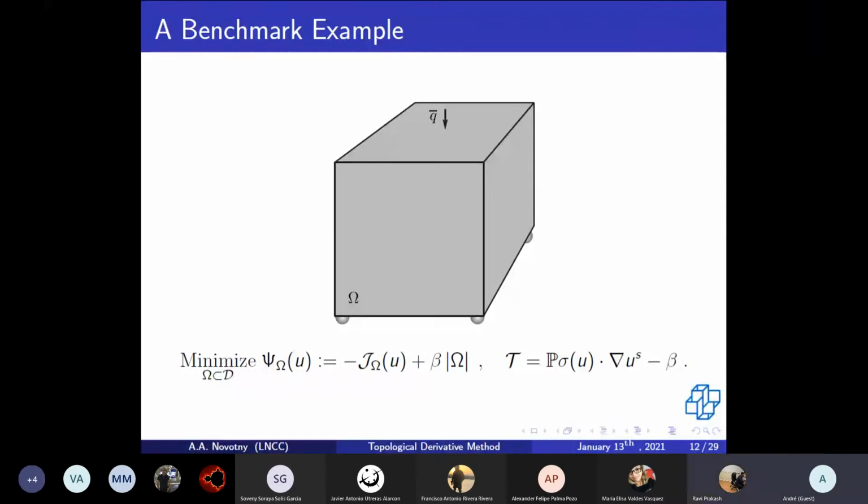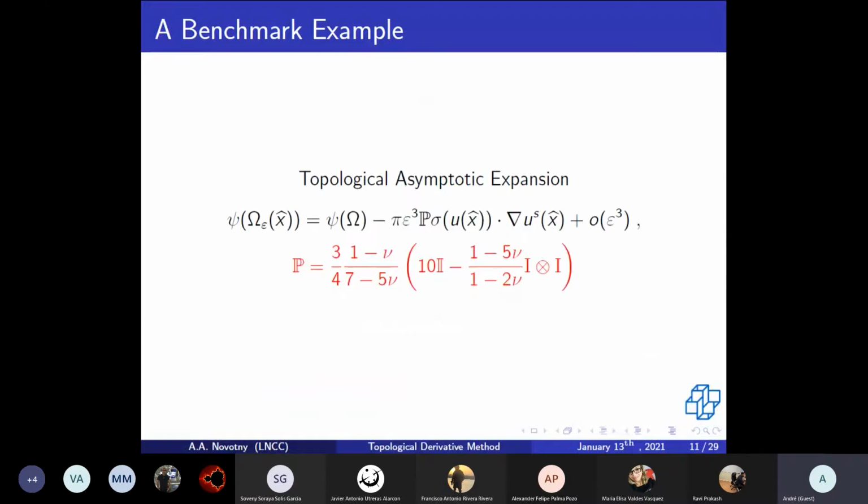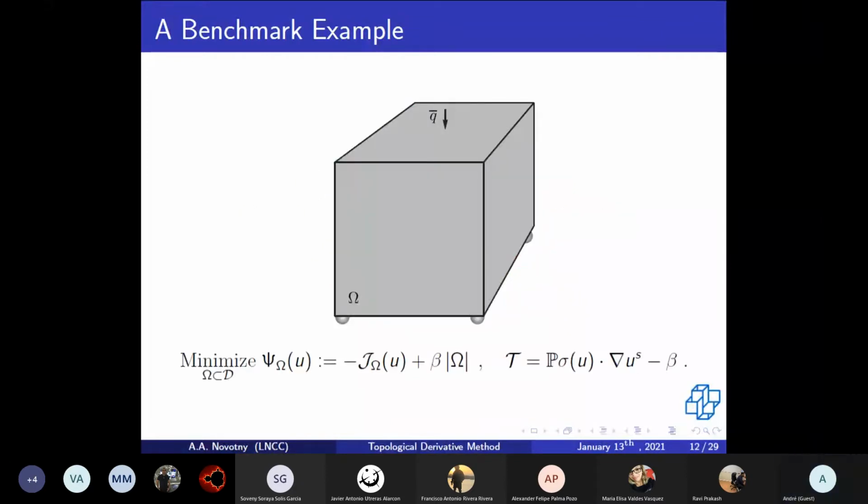So the topological derivative of the compliance we know is given by this formula, which comes out from the asymptotic analysis of the total potential energy. And then the topological derivative of the volume is trivial. It's given by this quantity.